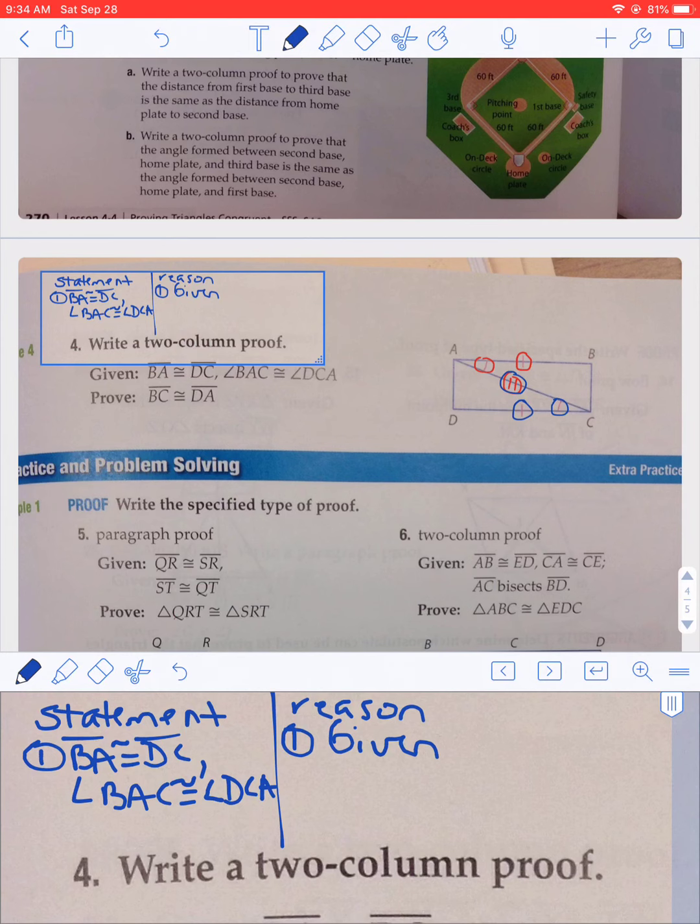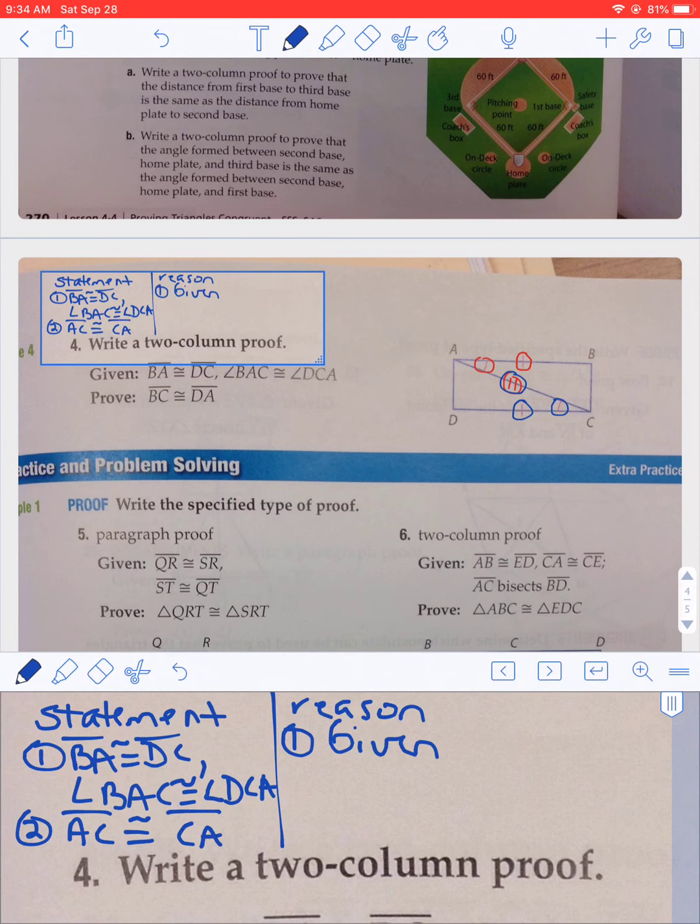Now, as we pointed out and like I've always stressed, you want to look at the picture and see what else you can conclude from the given. One of the things we realized from the picture is that segment AC is shared by both triangles. So we want to mention that. We're going to say that segment AC of one triangle is congruent to CA of the other triangle, okay?